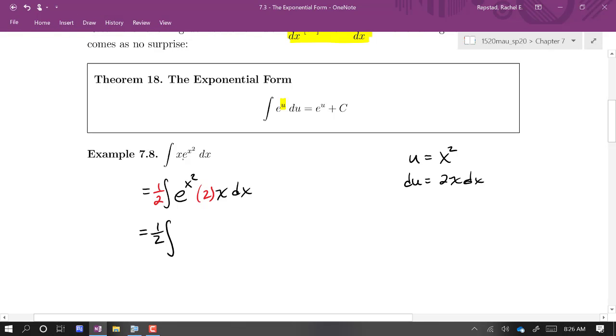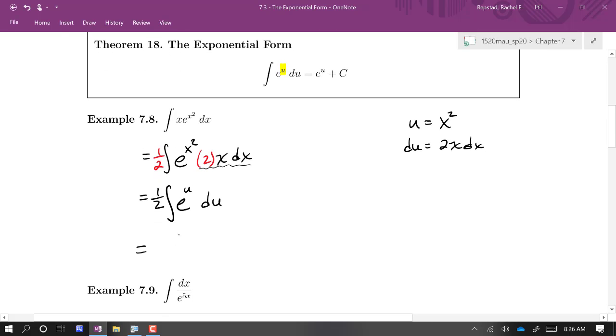Now what we have is e to the u, and this part here is du. The integral of e to the u is e to the u, so this is 1/2 e to the u plus a constant, or 1/2 e to the x squared plus a constant.